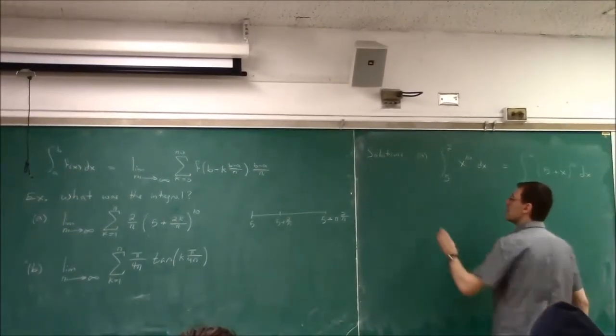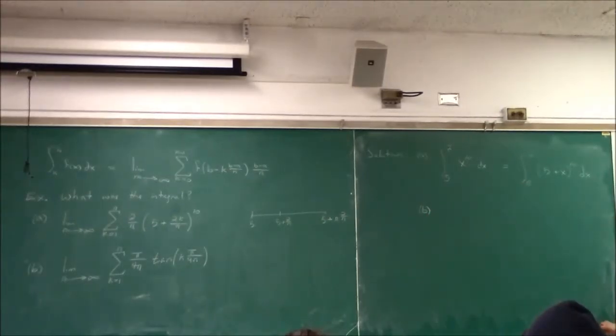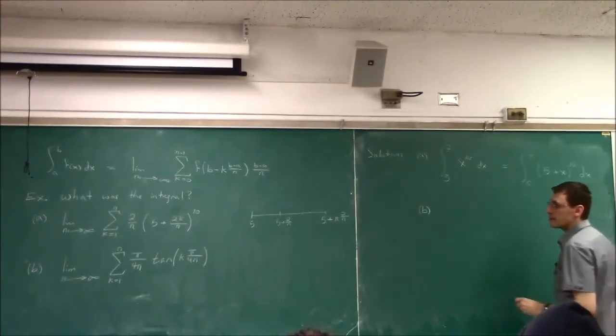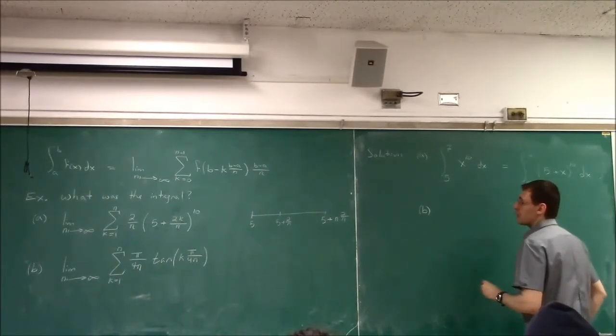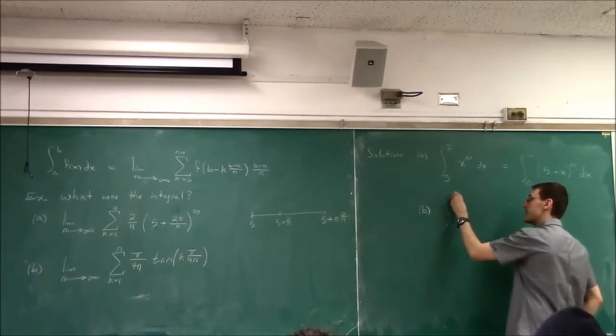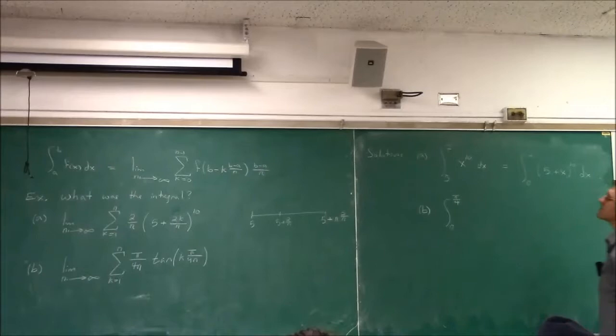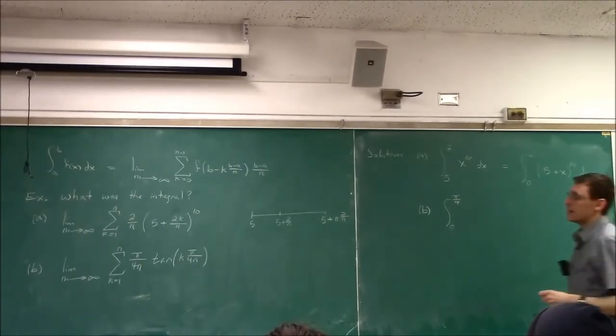All right, what about B? 0 to pi over 4. That's very good. Why from 0?